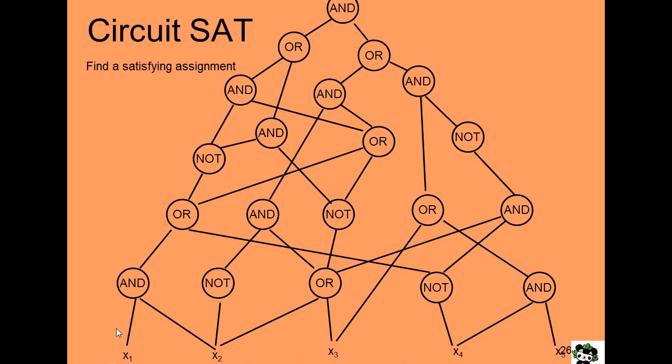You have to supply the values of x1, x2, x3, x4, x5 in such a way that your final output is true. If you can find such an assignment, even a single one which gives you a true answer, then you will say that it is satisfiable.